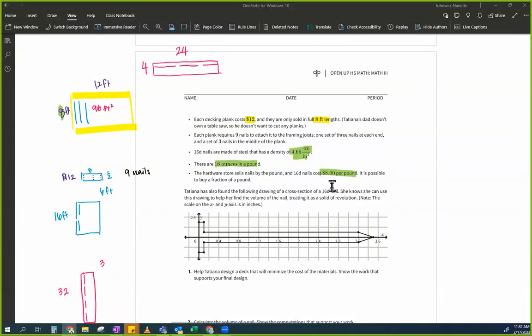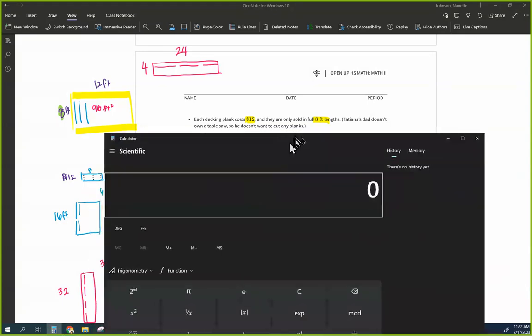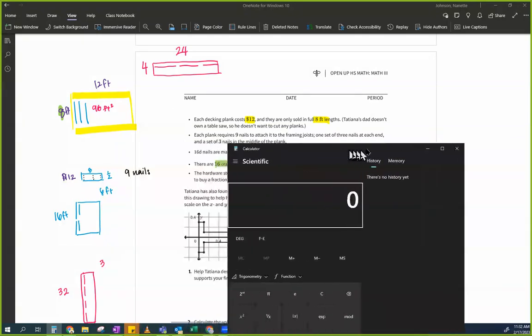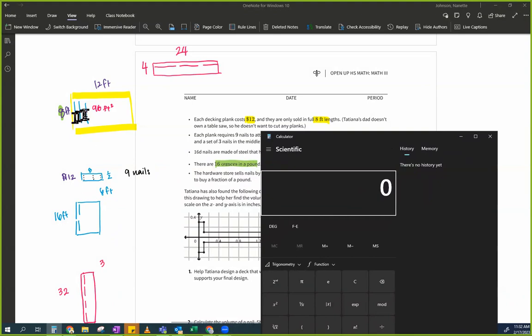Okay, so someone says in the chat, it's 216 nails, Miss Johnson. I'm going to do a little math with you just so that we are all on the same page. Here's my calculator. So this is the way I would calculate it. In reality, this is 8 foot. So this is going to be 1. I'm going to use 1 plank this way and 24 planks this way, right?